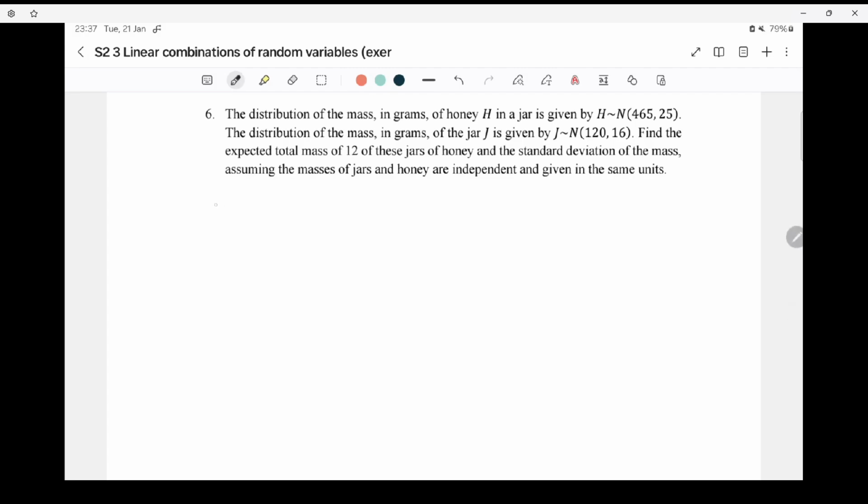They mean that you need to have, for example, Q equal to 12 jars of H, 12 jars of J. Okay, so E(12H plus 12J), we know that this is 12 times E(H) plus 12 times E(J).